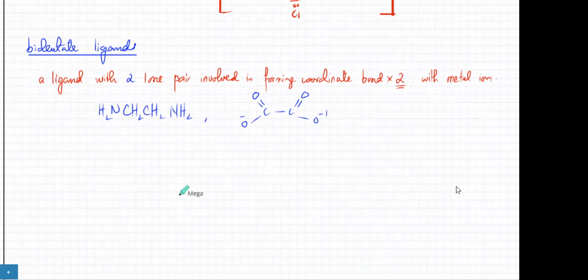So here's my copper plus 2. Just hold on 1 second.